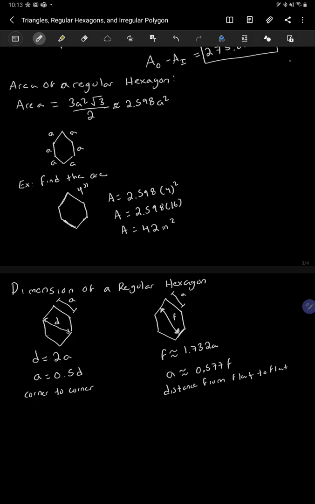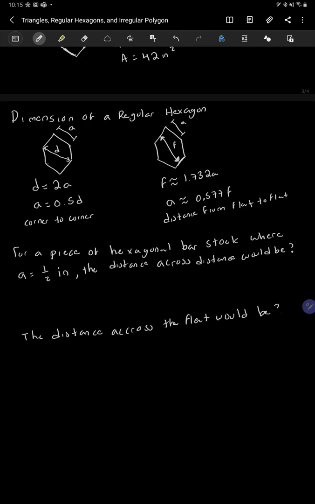Cool, so let's look at our last example. For a piece of hexagonal bar stock where a is equal to 1/2 inch, the distance across the corners would be, oops, meant to write corners.